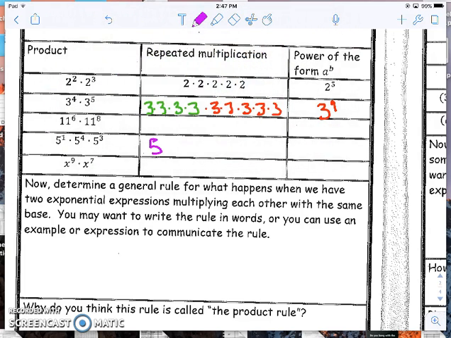We have 5 to the 4th, 1, 2, 3, 4, and then we have 5 cubed, 1, 2, 3. Multiply all these together, so 1, 2, 3, 4, 5, 6, 7 gives 5 to the 7th power. Some of you might notice we're adding these, so x to the 16th.